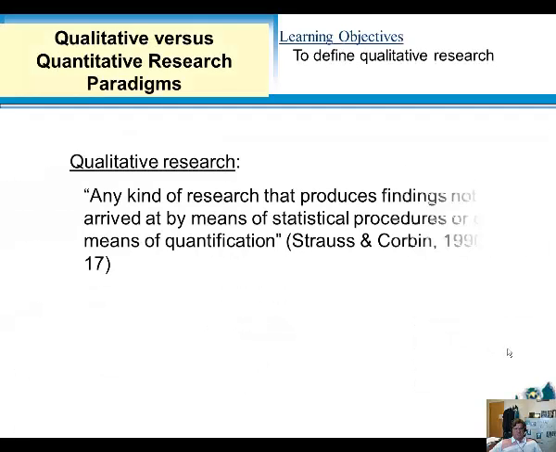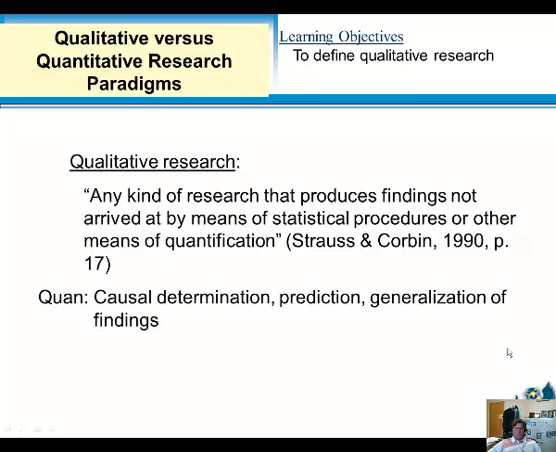So qualitative research, there's several definitions out there. I like this definition by Strauss and Corbin. They simply say that qualitative research is any kind of research that produces findings not arrived at by means of statistical procedures or other means of quantification.